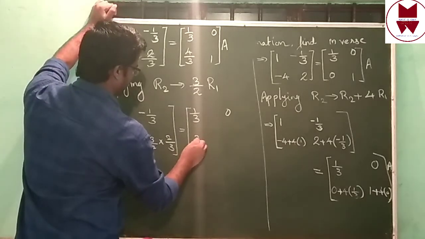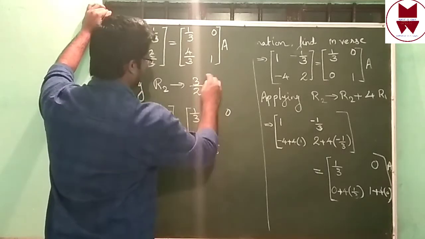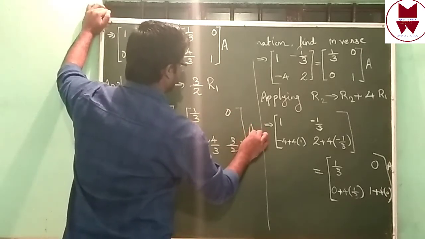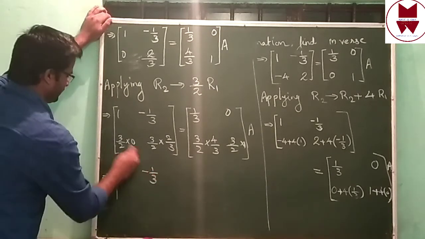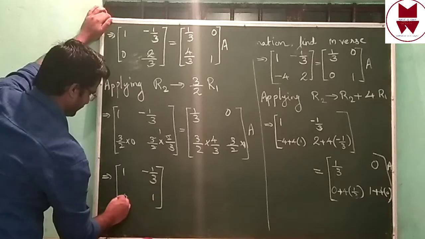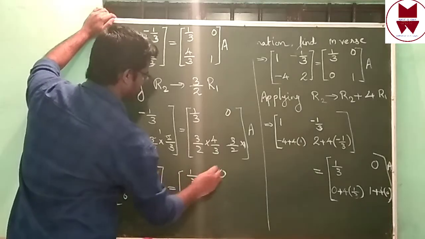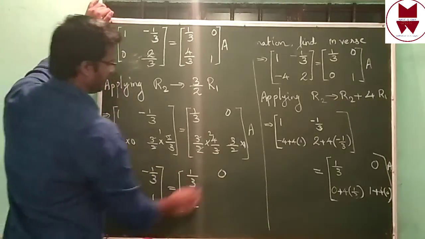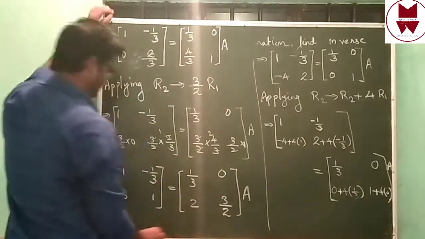Second row: 3 by 2 into 4 by 3, and 3 by 2 into 1. 3 and 3 cancel, 2 and 4 cancel, 2 times 1 gives 2. Then 3 by 2 into 1 is 3 by 2, into A.